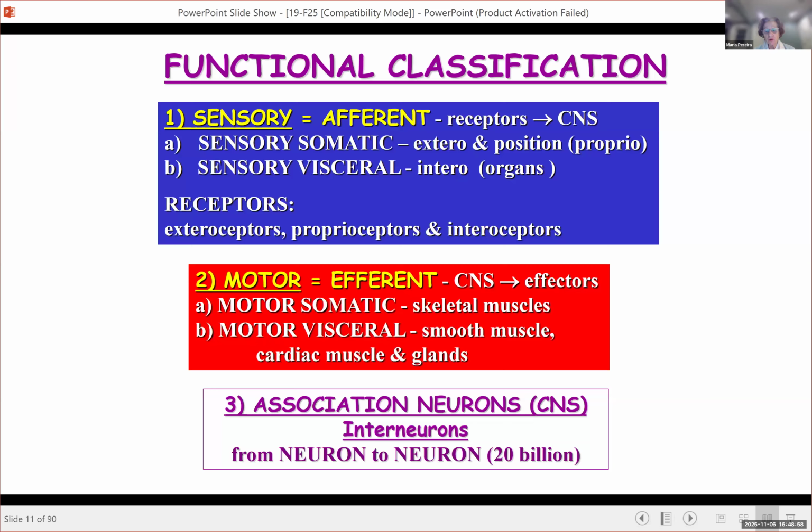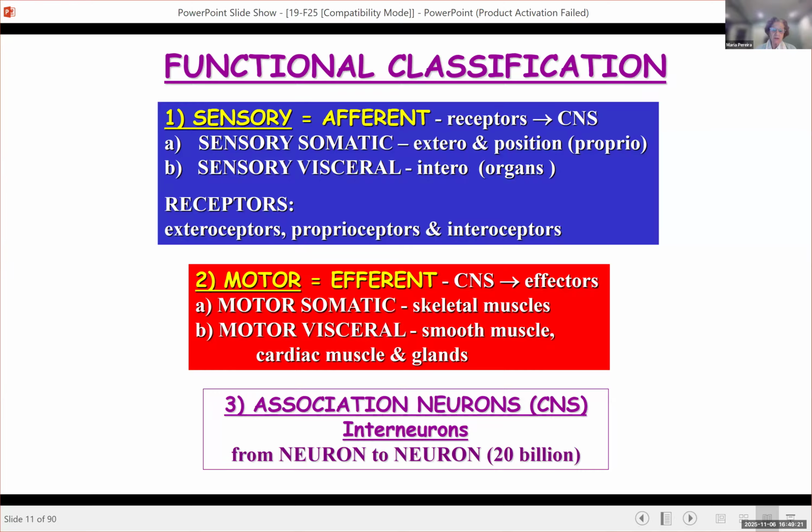So these are neurons that are located entirely within the central nervous system. What do I mean entirely? I mean that the cell body, the axon, the dendrites, they're all contained within the central nervous system. So you know the sensory part of it is in the peripheral nervous system, part of it is in the central nervous system.